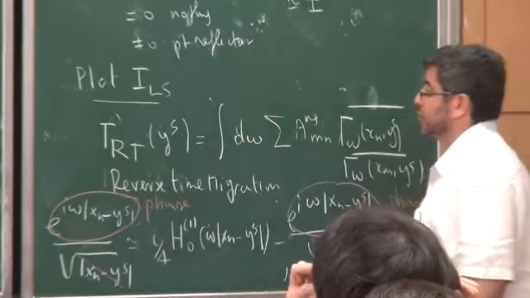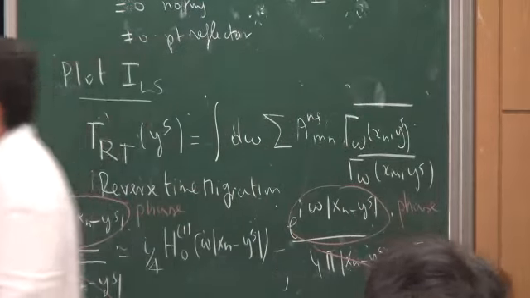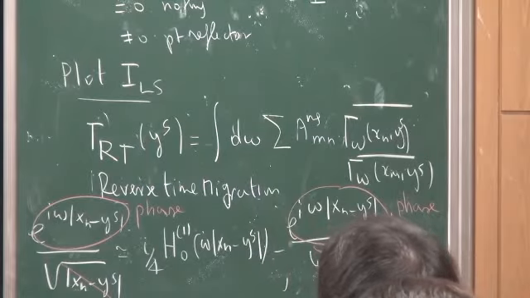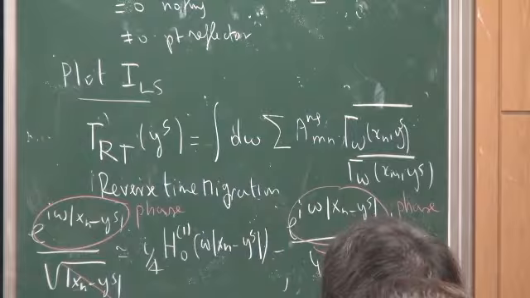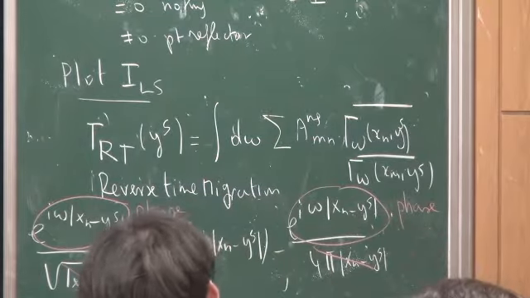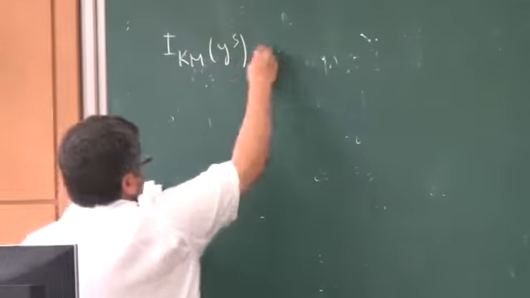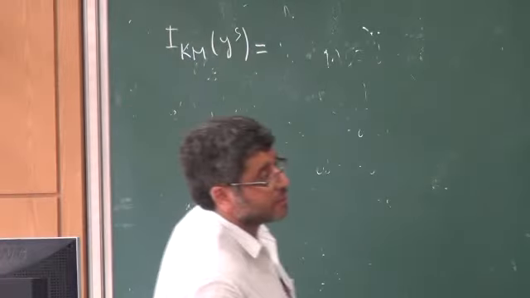So here we change this into Kirchhoff migration. The imaging function at ys is given by this.